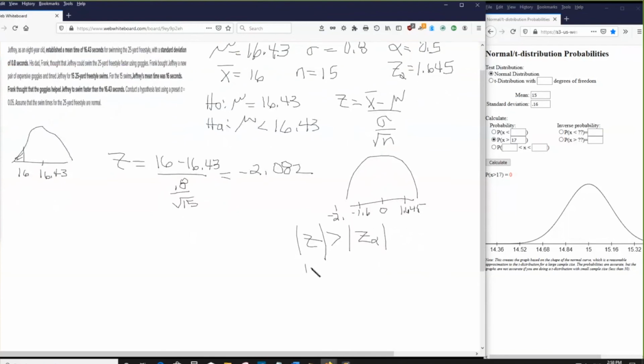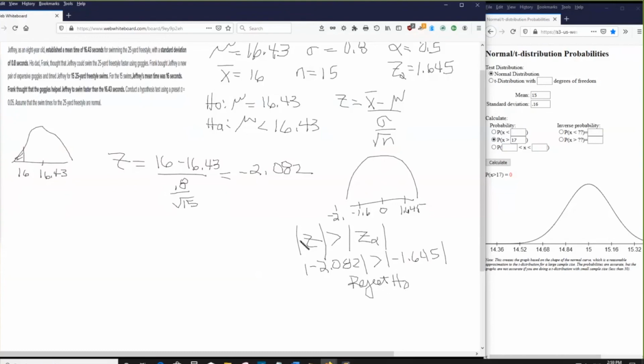So if I have the absolute value of minus 2.082 and compare that to the absolute value of minus 1.645, we're going to see that that is greater. So we're going to reject the null hypothesis. So if you can remember just to use the absolute values, that's going to be easier.